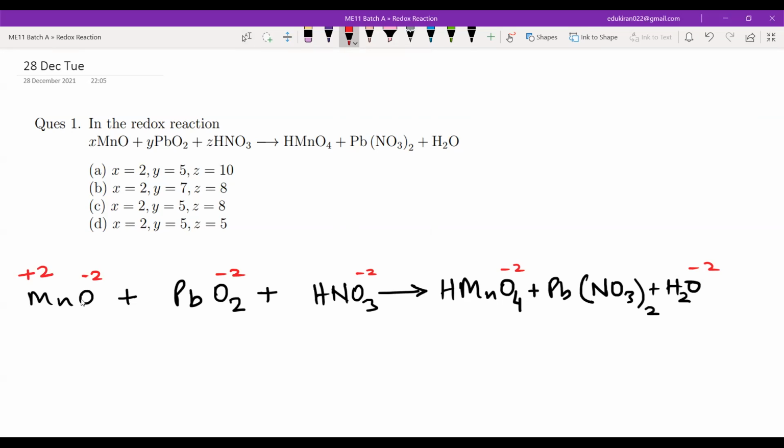Okay, fine. For nitrogen, what will be nitrogen here? Hydrogen will be +1, and hydrogen will be +1. What about nitrogen then? +5. Yeah, correct. Tell me about manganese here.